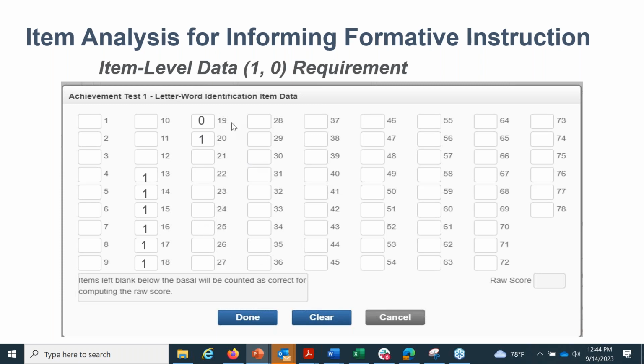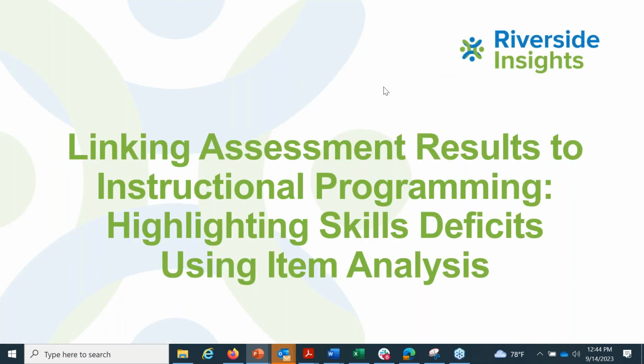The system can then do that item analysis and identify the specific skill that was missed by the student. Once you've entered your individual item level data, the raw score will tally up. You'll hit done, and when you go back, you'll see that the raw score will be in that box where you typically enter that raw score.